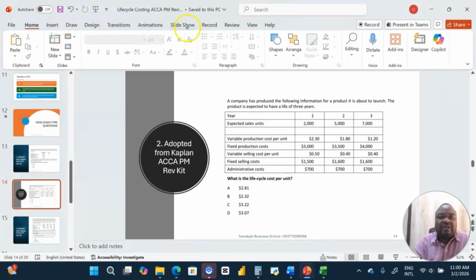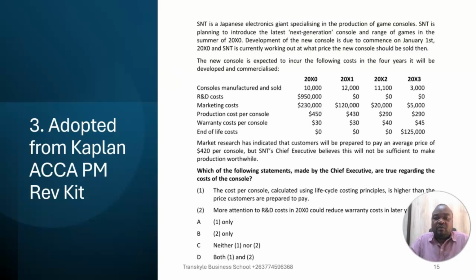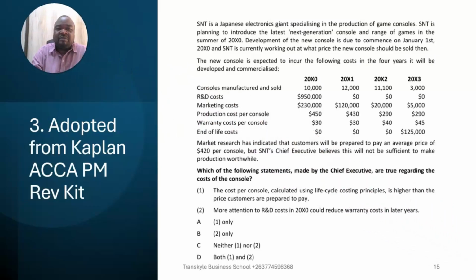Okay, now we are moving on to another question here, which has once again been adopted from the Kaplan revision kit. This is question CNT. CNT is a Japanese electronics giant specializing in the production of game consoles. So their product is the game console. That's what they supply.